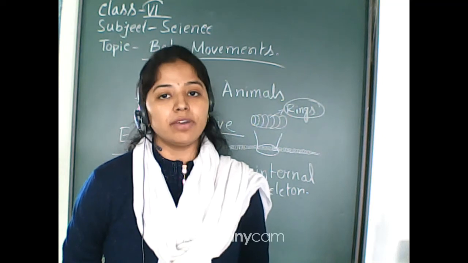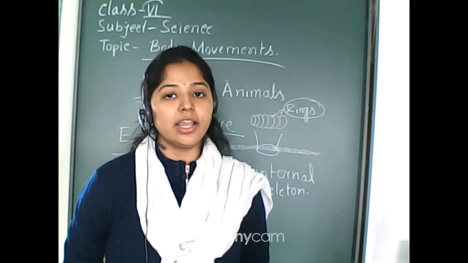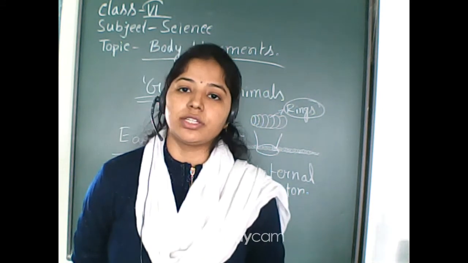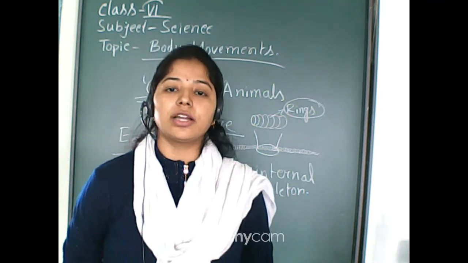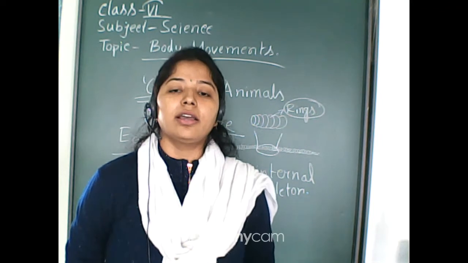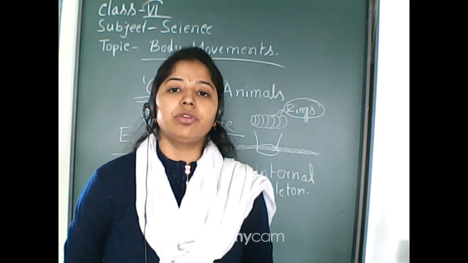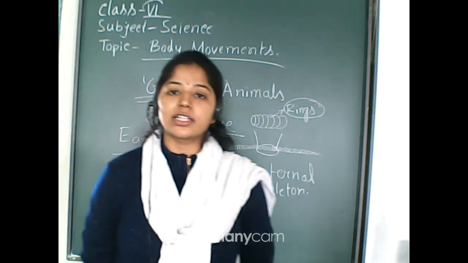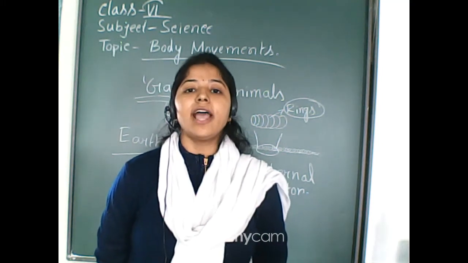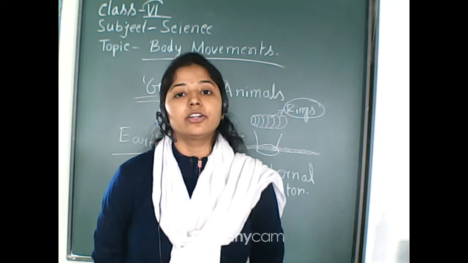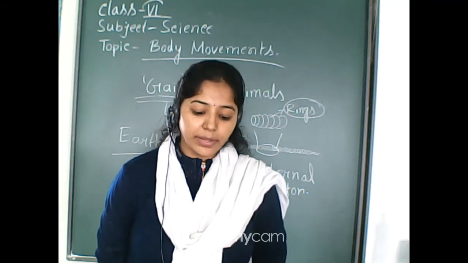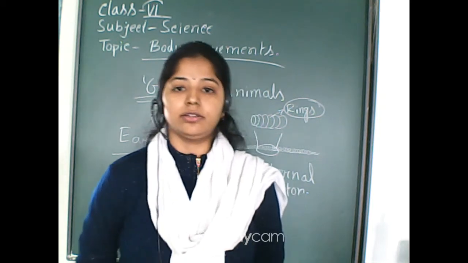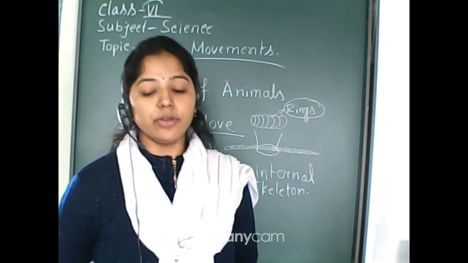As you know, the main function of muscle is contraction and relaxation. That depends on the situation. Whenever it needs to contract, it will contract, and when it has to relax, then it will relax. So their ring-like structure possesses some muscles that help their body to extend and shorten.